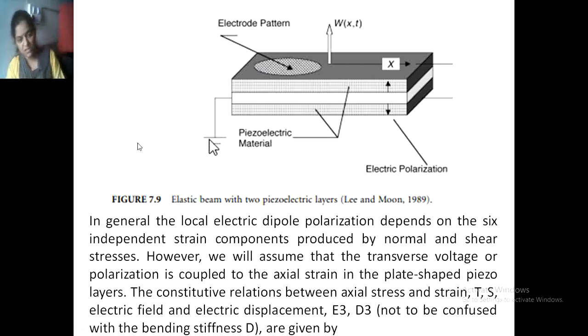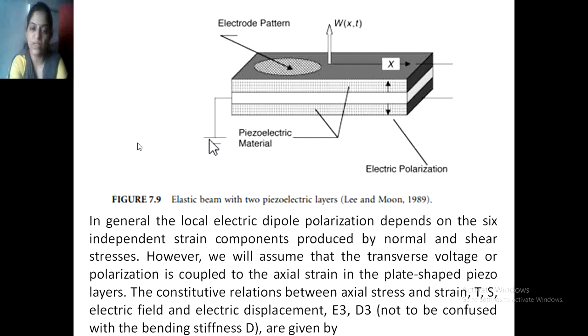So in general, the local electric dipole polarization depends on the 6 independent strain components produced by normal and shear stresses. However, we will assume that the transverse voltage or polarization is coupled to the axial strain in the plate-shaped piezo layers.